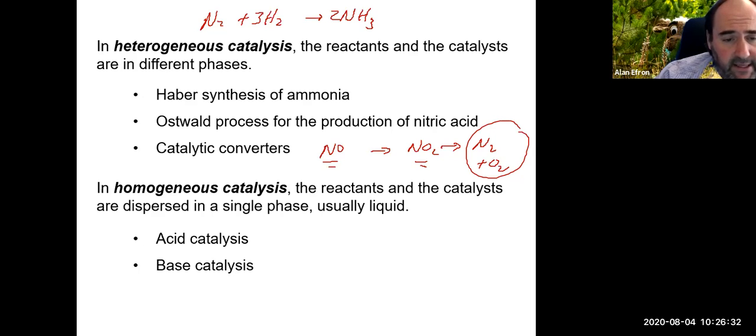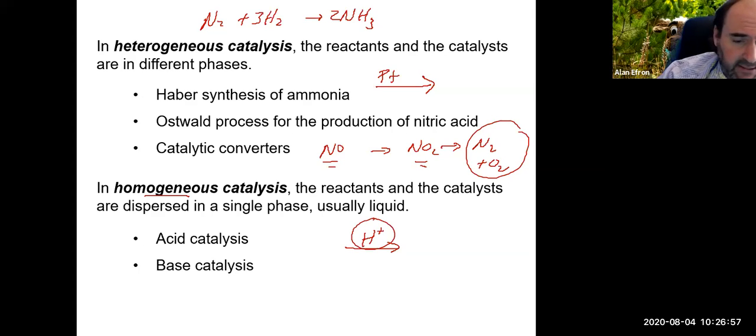And again, these guys here utilize a lot of solids as catalysts. Again, in a lot of reactions, the catalyst is written on top of the arrow, like platinum or something like that. In addition, catalysts could be homogeneous, which means they're in the same phase as the reactants. So common ones are acid-base catalysts.